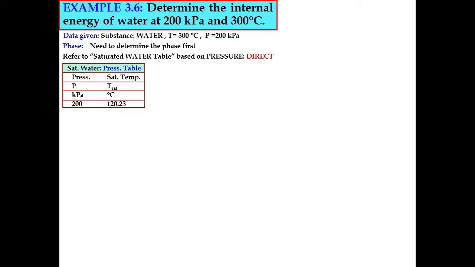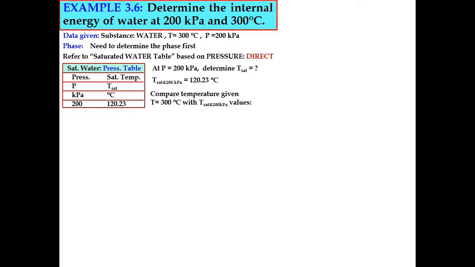For 200 kilopascal, we can obtain the saturated temperature directly: T saturated at 200 kilopascal is equal to 120.23 degrees Celsius.